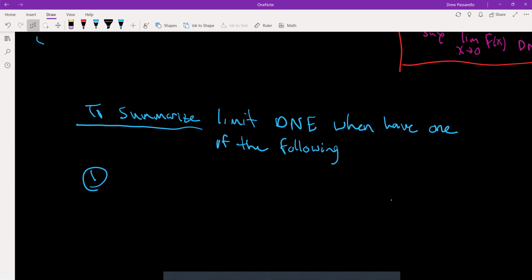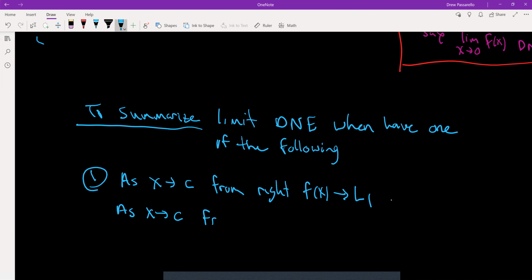So you could have, as x approaches some value c from the right, f of x approaches, I'm just going to call it L1, and as x approaches c from the left, f of x approaches L2, and L1 and L2 are not the same value.